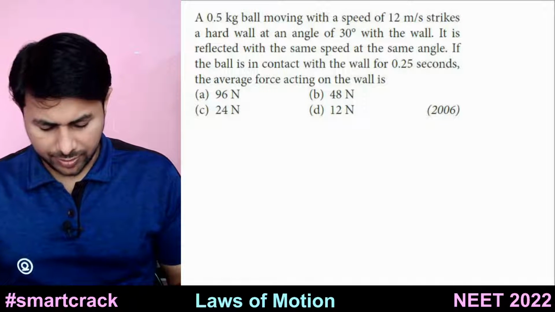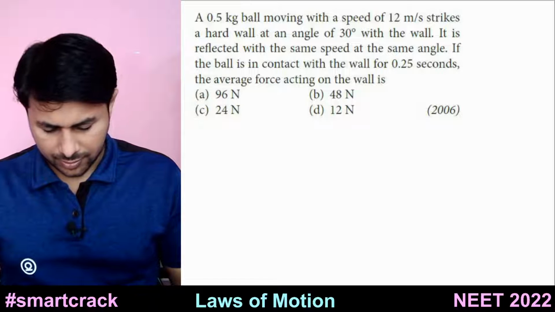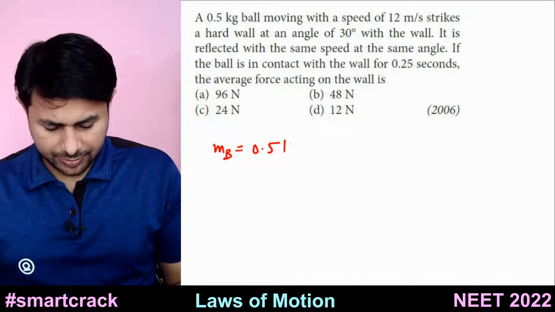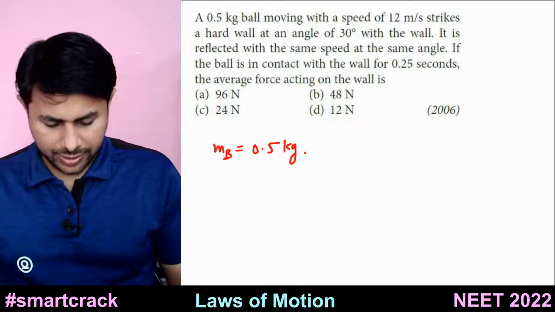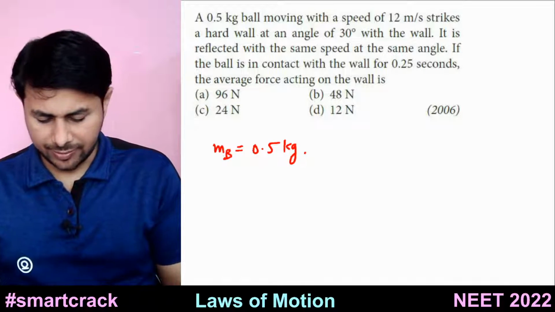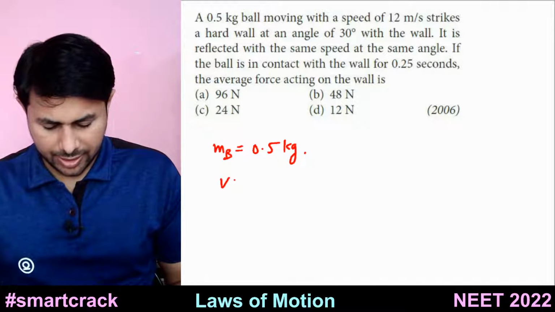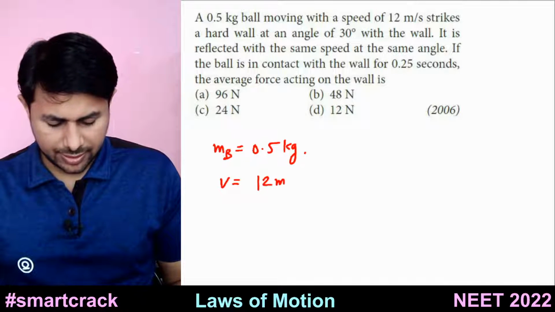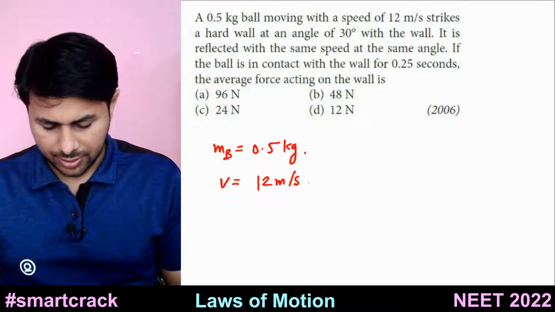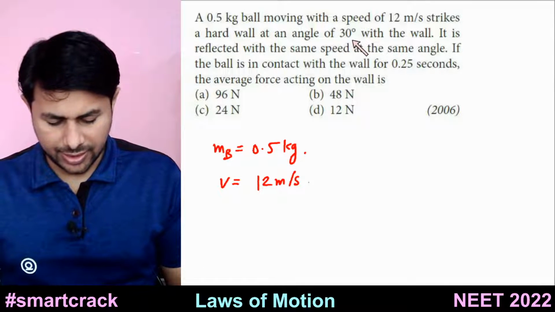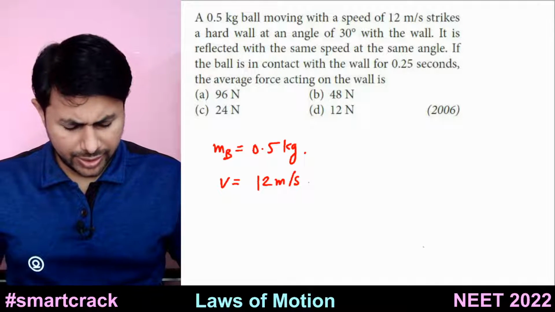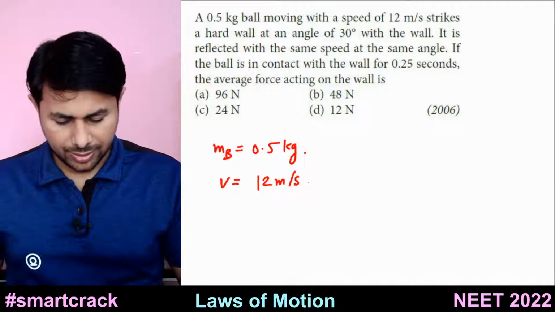So the mass of the ball is 0.5 kg. Then it hits the wall with the speed of 12 meters per second. So its initial speed is 12 meters per second and it hits at an angle of 30 degree with the wall. So let's draw it like this, it will help.